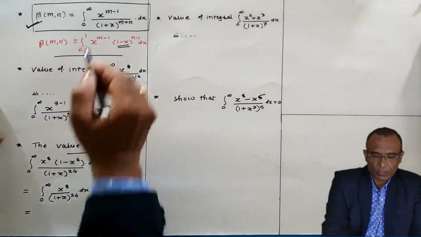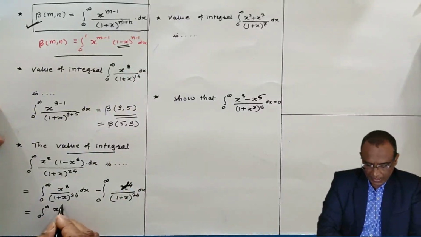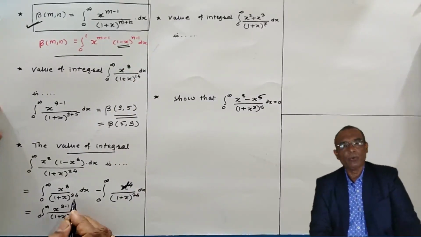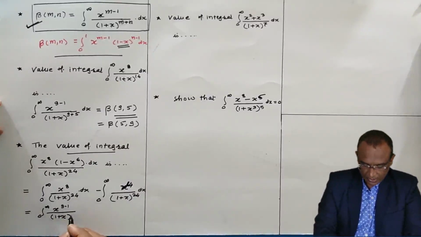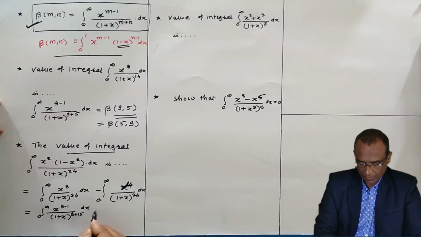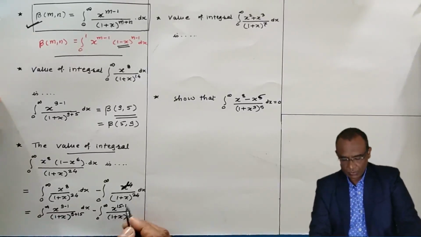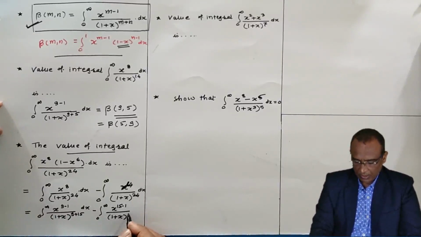Now, use this formula, 0 to infinity. x power 8 can be written as 9 minus 1. 24 can be written in terms of 9 as 9 plus 15. Here 0 to infinity, x power 14 can be written as 15 minus 1 and 1 plus x power 24 can be written in terms of 15 as 9 plus 15.